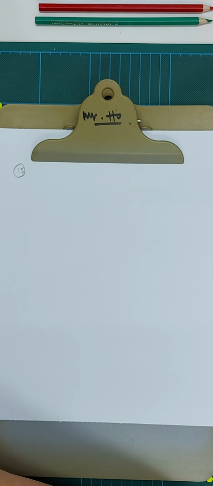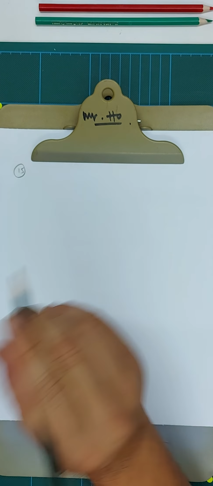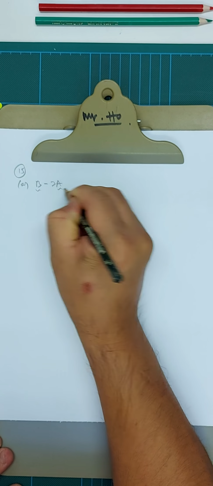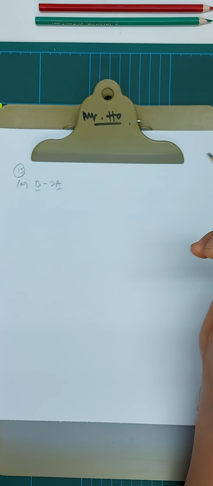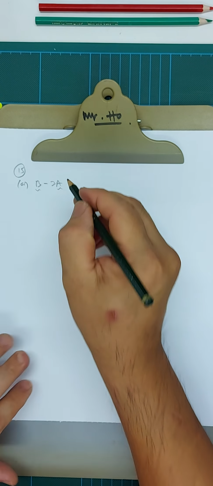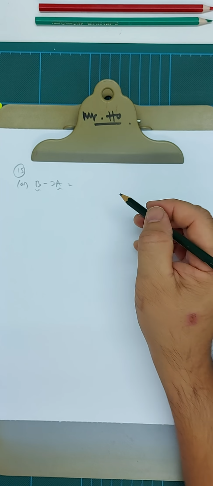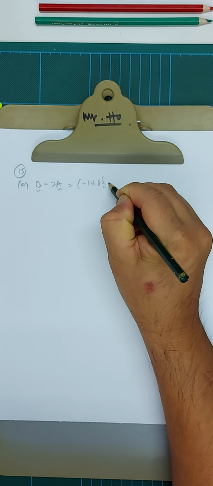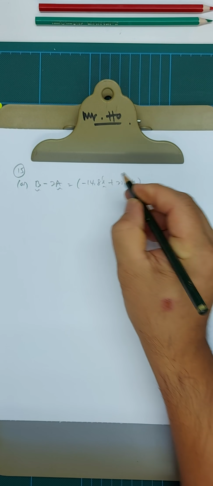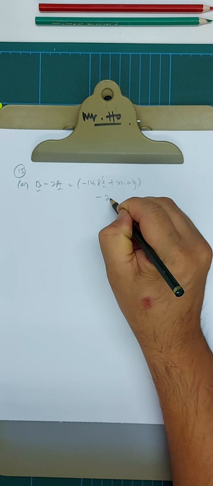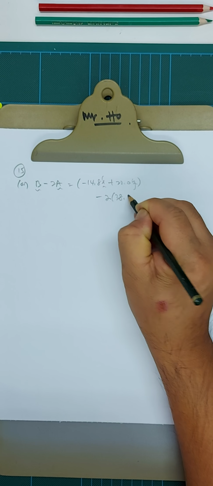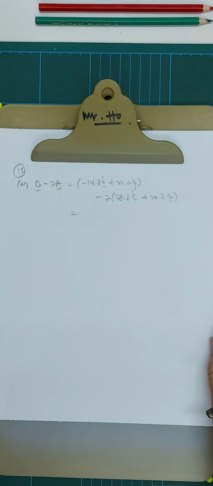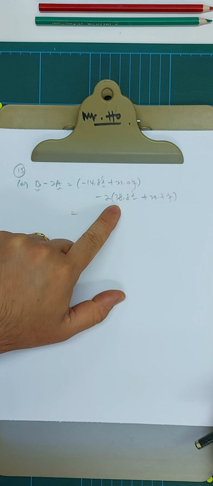For 15, for the vectors shown, determine A, b minus 2a. Well, that one is a vector multiplied by numbers. So we have b. Our b is this one, negative 14.8i plus 22.0j, and then minus 2 times of a, 38.8i plus 20.7j. Just remember to multiply by the number 2 when it comes to this one.